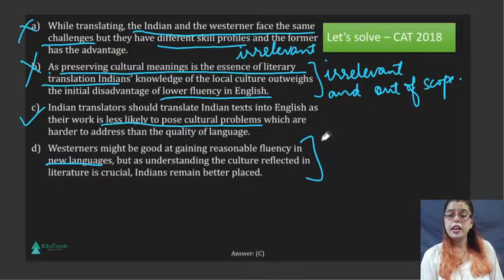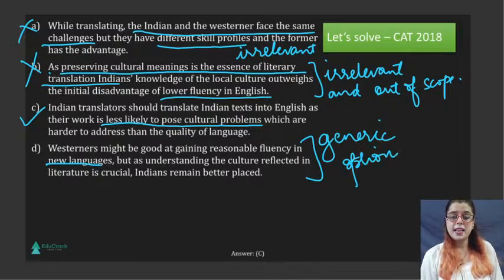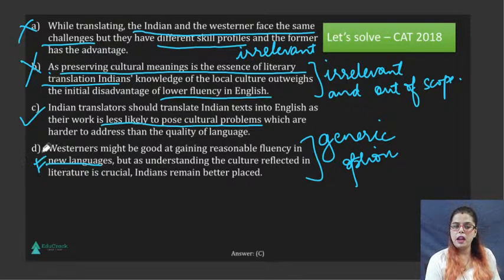This here is what we call a generic option. Why generic? Here we are talking about Westerners learning any new language, and then we are talking about understanding the culture reflected in literature is crucial. Which culture? Not mentioned here. Why are we assuming that Indians will remain better placed?